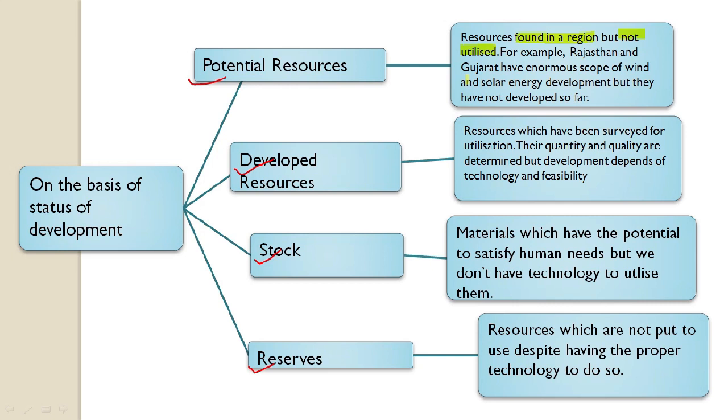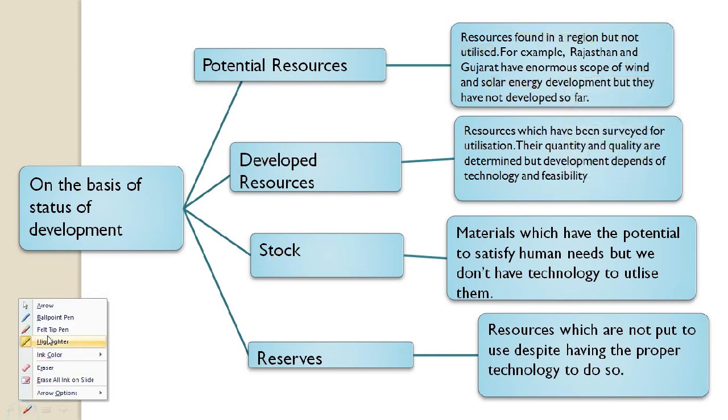For example, Rajasthan and Gujarat have enormous scope of solar energy development and wind power development, but this development has not taken place in these regions so far. So wind and solar energy in Rajasthan and Gujarat are potential resources. I hope this is clear to you.